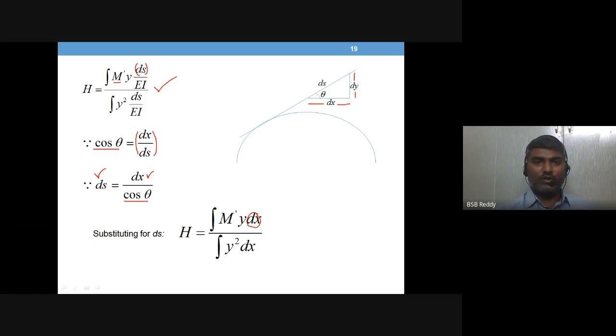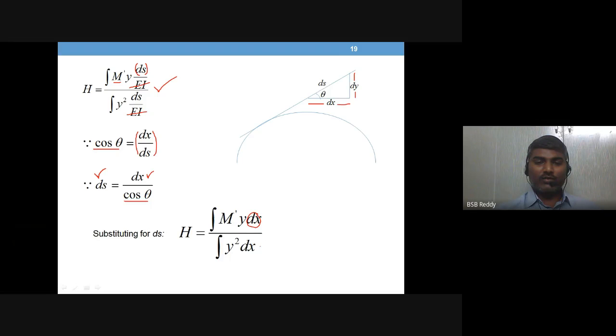Both numerator and denominator, as flexural rigidity is taken uniform, you replace ds with dx by cos theta in the numerator as well as in the denominator. So cos theta is going to be there in numerator and denominator, so it gets cancelled.